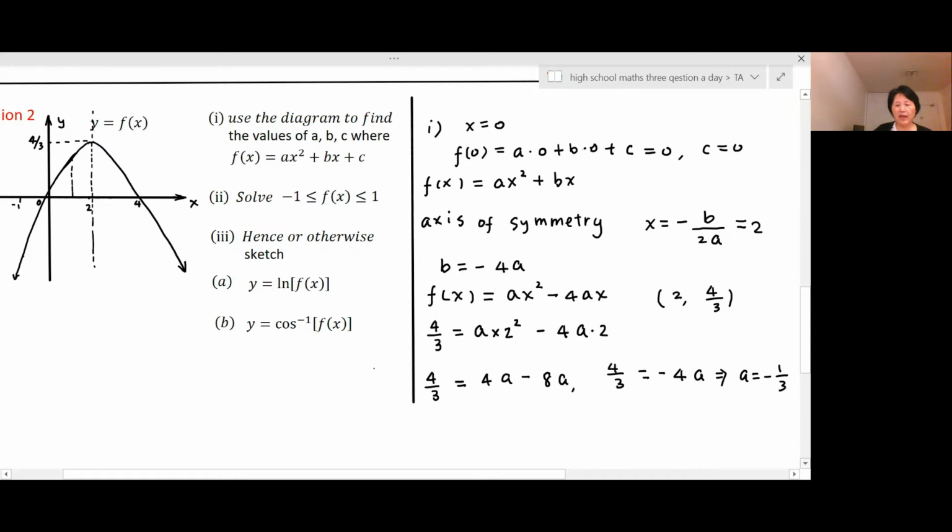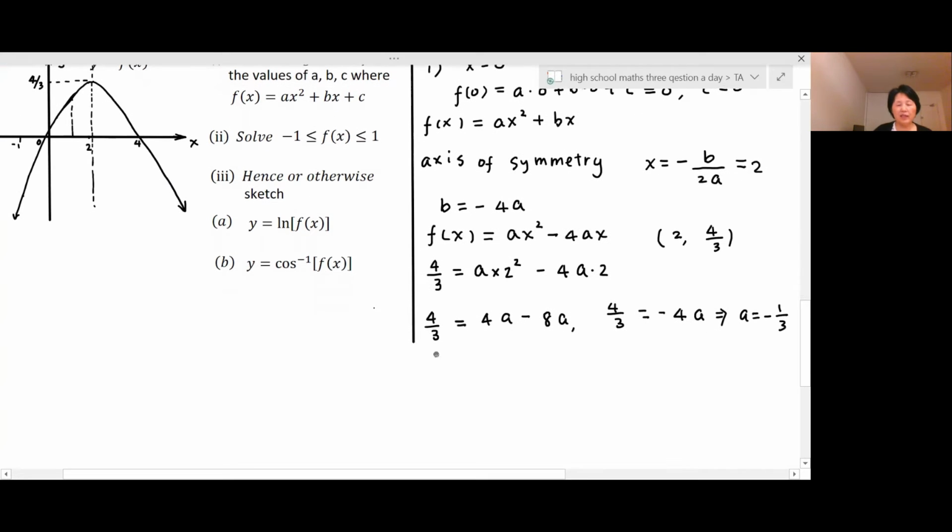okay, so I found a. Then I found b. b will be equal to minus 4a, which is minus 4 times minus 1 on 3, then this will be equal to 4 on 3.